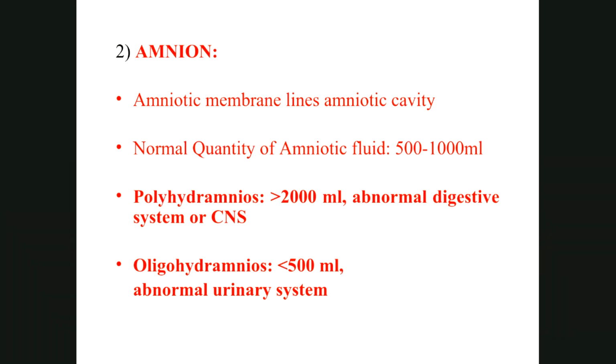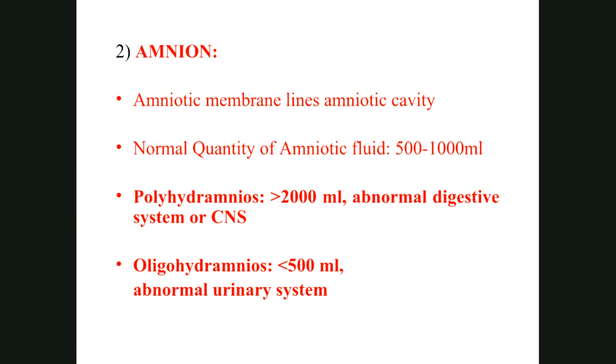If the quantity of amniotic fluid is more than 2000 ml, then it is known as polyhydramnios. Poly means large, so the quantity of the fluid is more. It gives us an idea that there is an abnormal digestive system, or there is an abnormal development of the nervous system, the central nervous system.